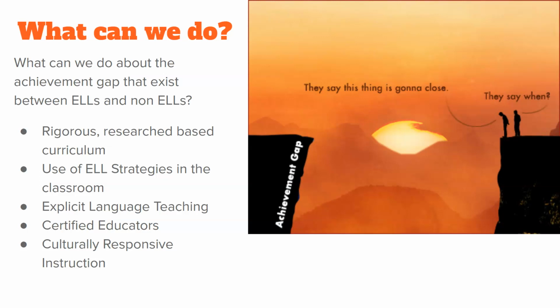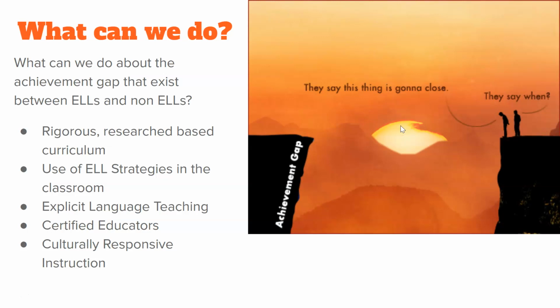They need strategies that are specifically used to help and enrich English language learners. Explicit language teaching, having certified educators that have gone through the schooling and have the education to teach these types of learners. And then lastly is culturally responsive pedagogy.